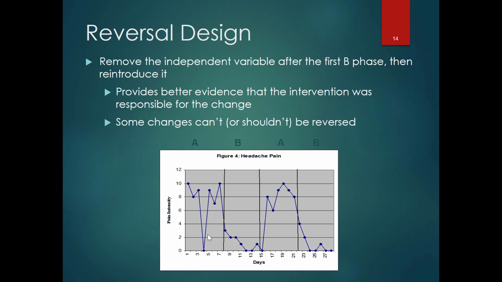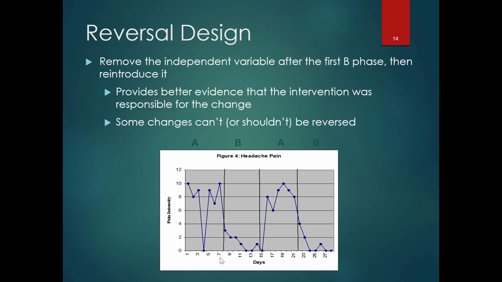So in the baseline phase, the subjective intensity of headache pain is charted on a 10-point scale, if you look at it, for 1 week with higher scores representing higher intensity of pain. So first phase, the baseline phase, and then after the 7 days, the intervention meditation is introduced.